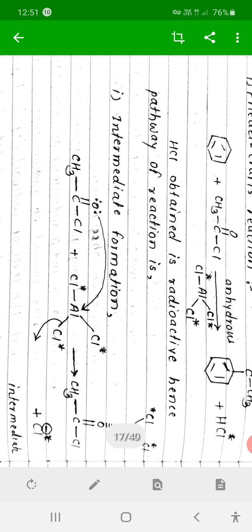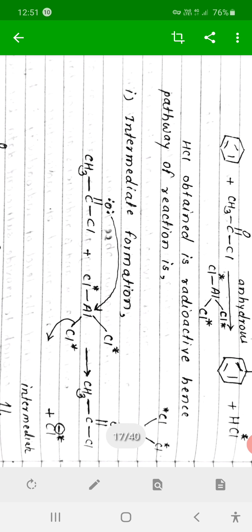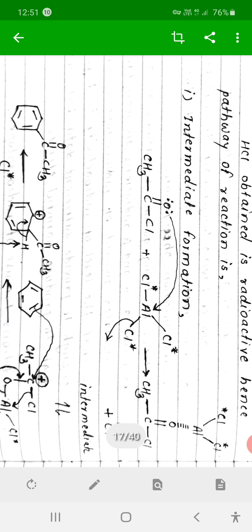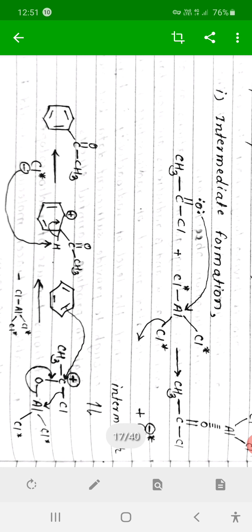Then if the HCl obtained is radioactive, if the HCl obtained shows properties of radioactivity, that indicates that in this reaction the Cl in HCl comes from aluminum chloride, and therefore we write the reaction mechanism, reaction pathway like this: acetyl chloride, the oxygen of the carbonyl group possessing 2 lone pairs first attacks the aluminum in anhydrous aluminum chloride.